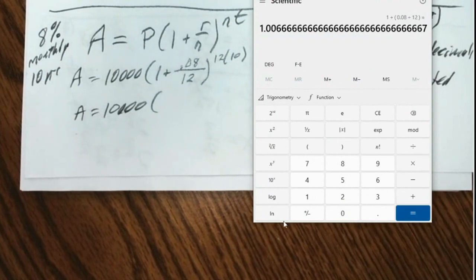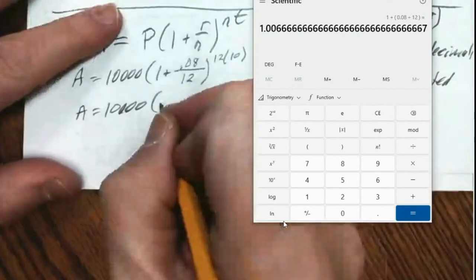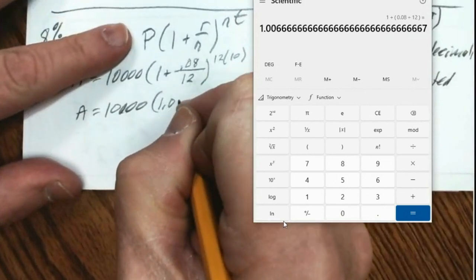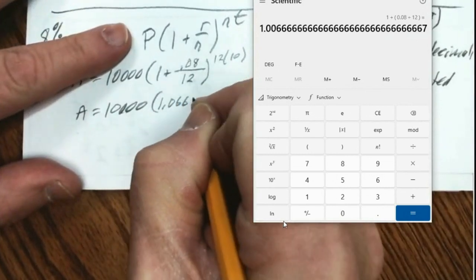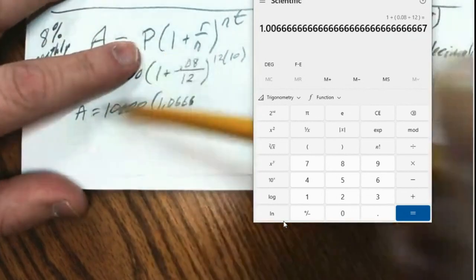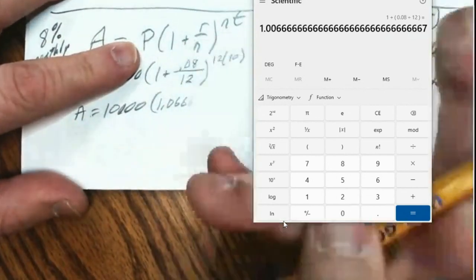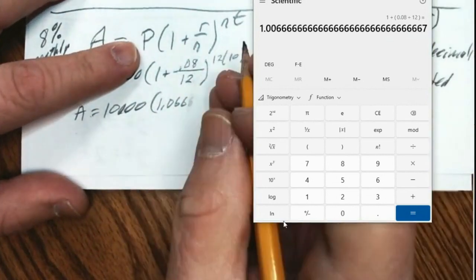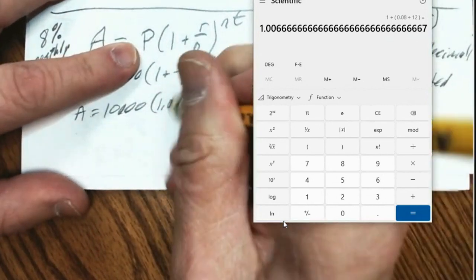All right, so that number is 1.006. We'll go to like 3 sixes, then round that up to a 7. Oh, I should have 2 zeros.